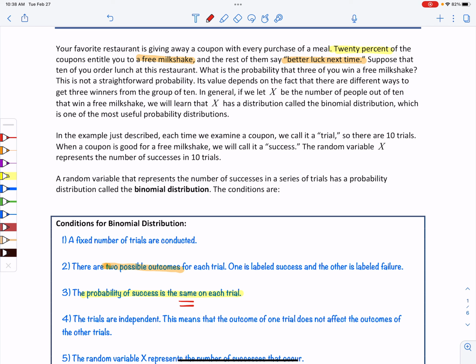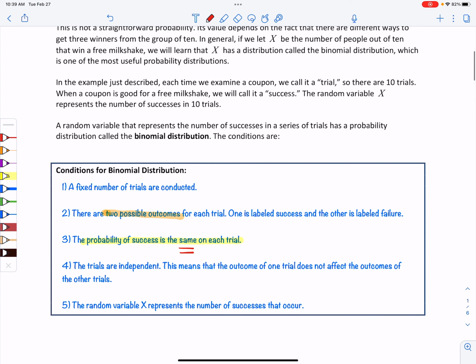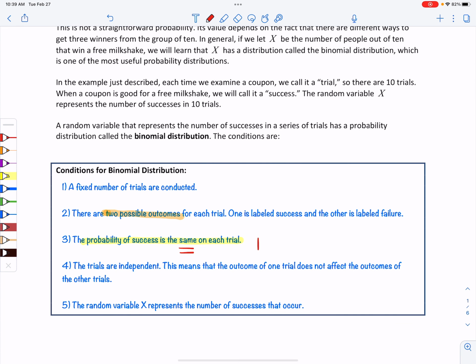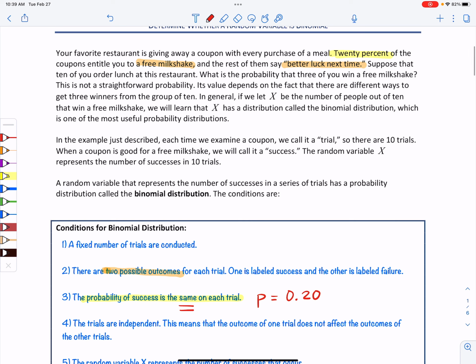So in our example up here, we're told every coupon has a 20% chance, and that's not changing. So in this situation, we do have a fixed probability of success. And when you're dealing with a binomial random variable, that is written or labeled as a value of p. In this case, it was a 20% chance.